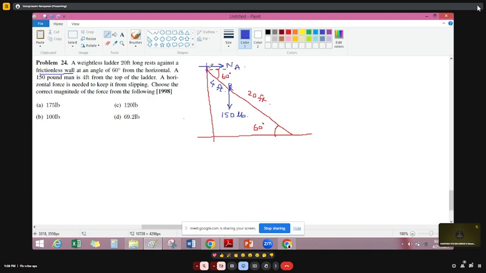But normal reaction, definitely it will always be there. I'm going to take this as point A and this as point B. Same thing again, there will be a normal reaction here, NB. And they are asking you to choose the correct magnitude of the horizontal force. So somebody has to keep it this way, which is your FB.